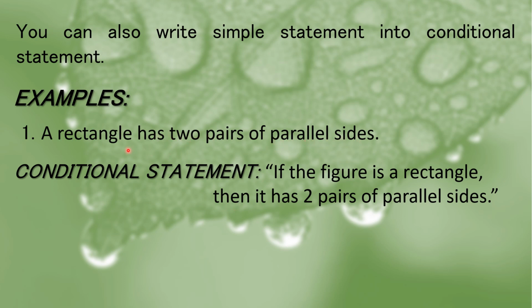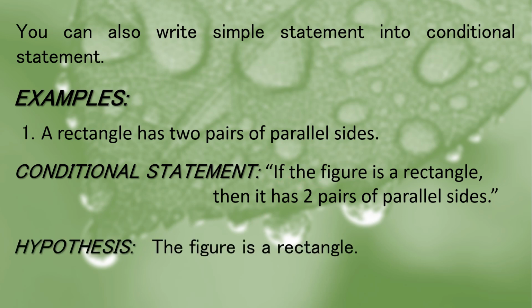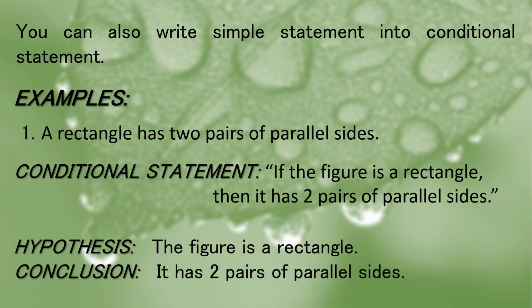So, parang hinahati natin sa if phrase at sa then phrase yung isang sentence. Again, aalamin nyo muna kung saang grupo nabibilang ang subject, and then iyon yung ilalagay nyo sa if phrase. Ang ating hypothesis, the figure is a rectangle, at ang ating conclusion, it has two pairs of parallel sides.